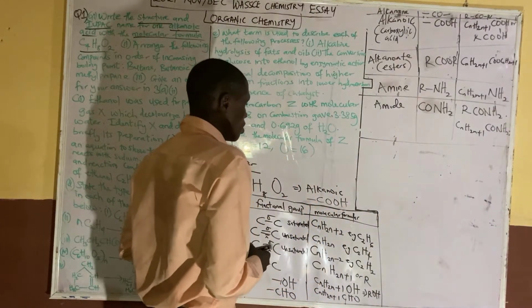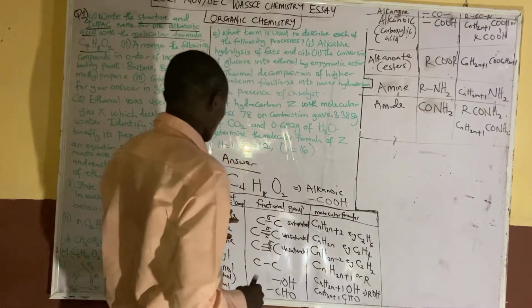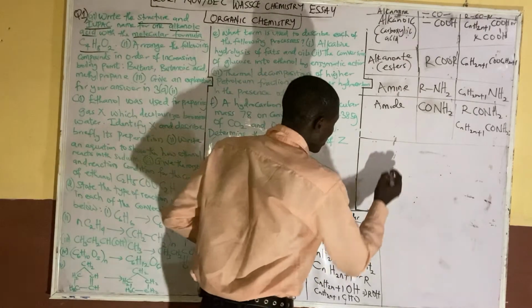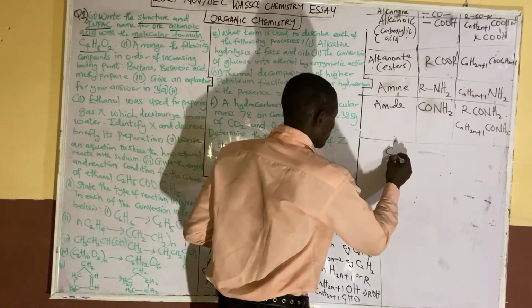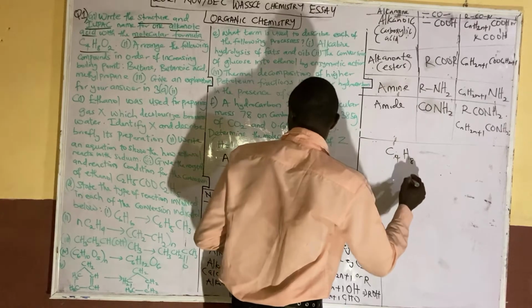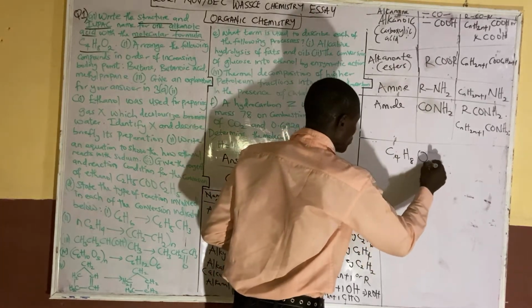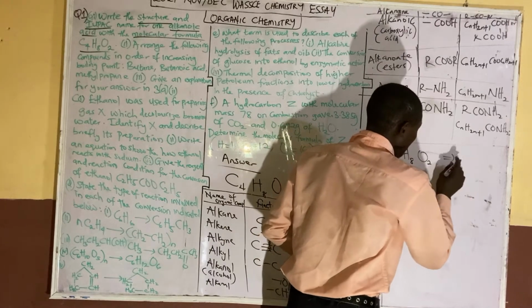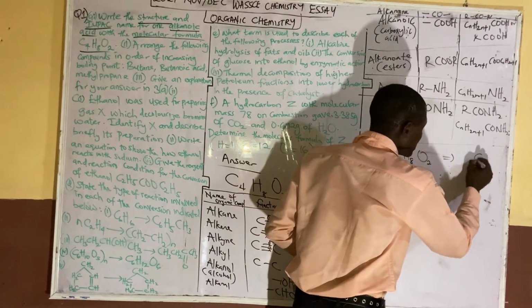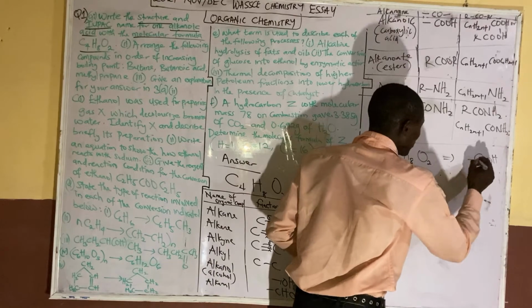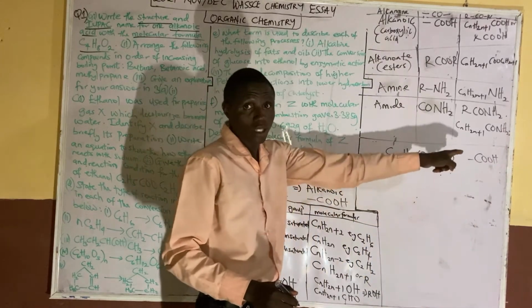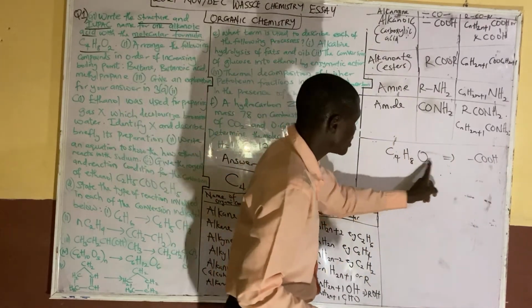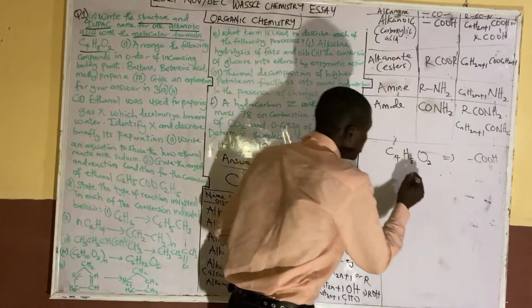Now to write this, we have C4H8O2 as an alkanoic acid, which contains COOH. Don't forget it contains COOH. So the first thing is to remove this COOH out of it.